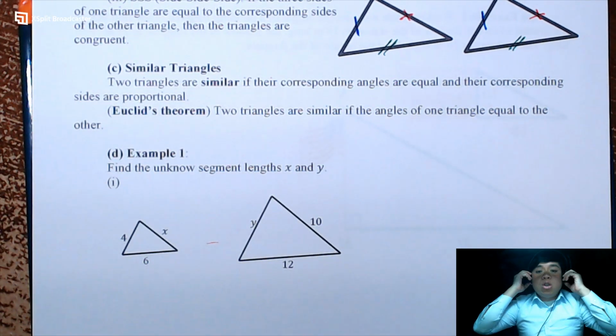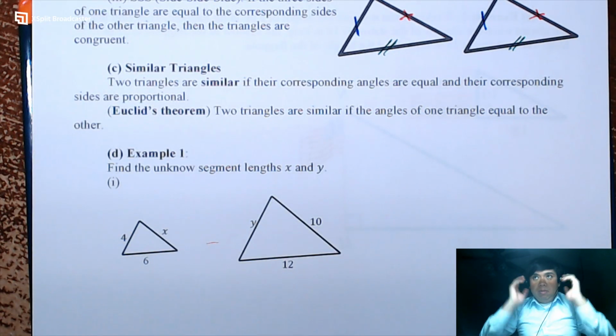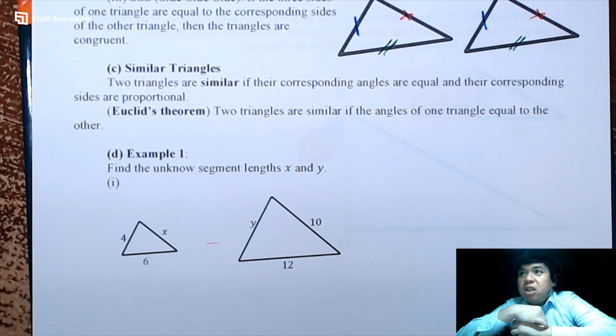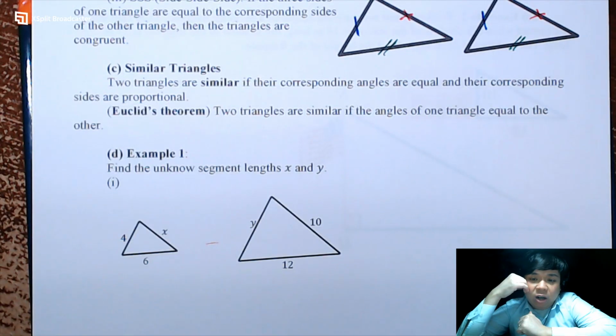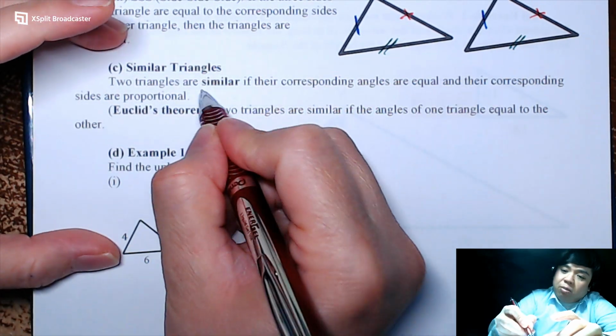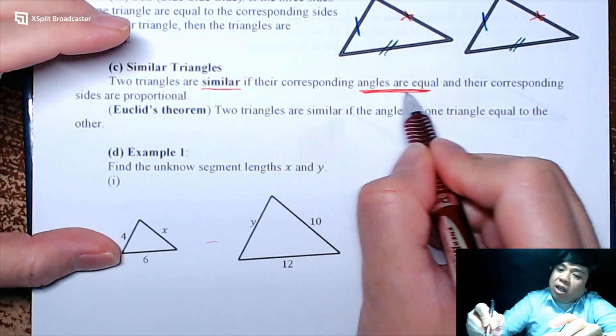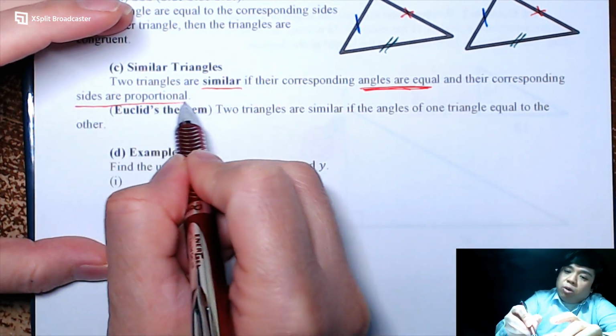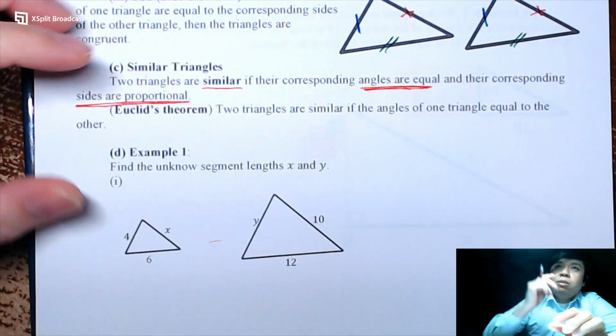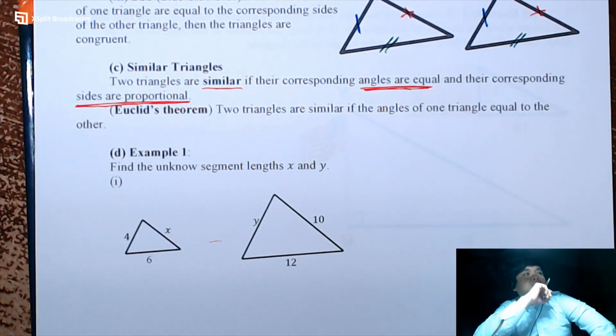Right, so that was congruent, meaning equal. The sides are equal. Similar triangles are triangles where the angles are equal and the sides are proportional. An example of this is a map.